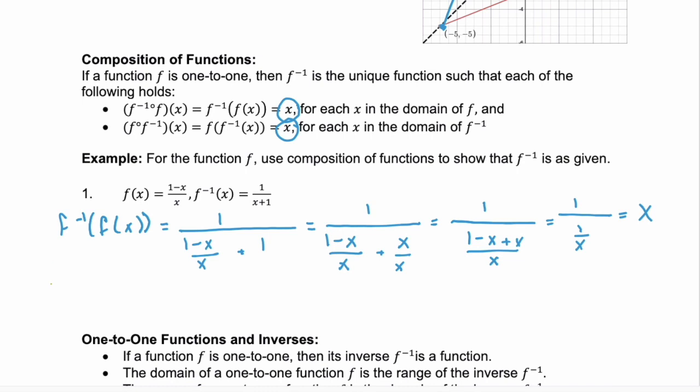Now let's look at f of f inverse of x. So we need to take our f of x function, and wherever there is an x, we need to substitute in our inverse.